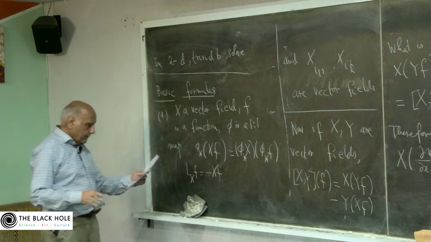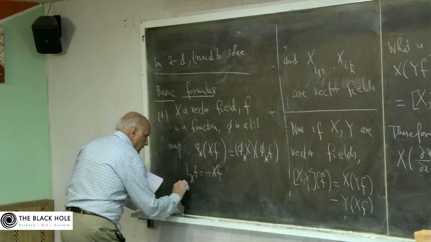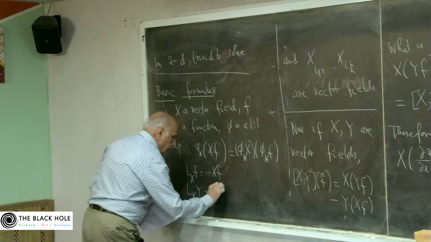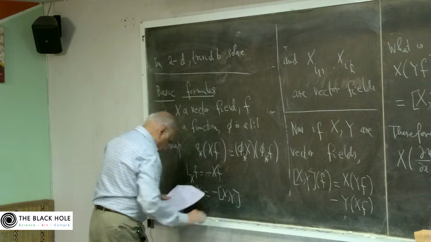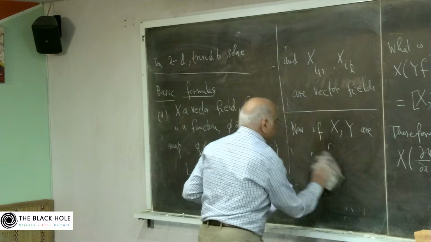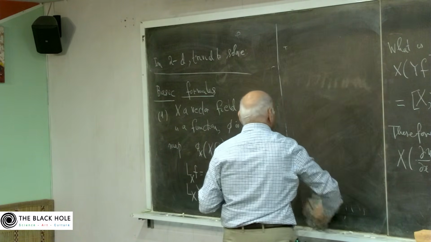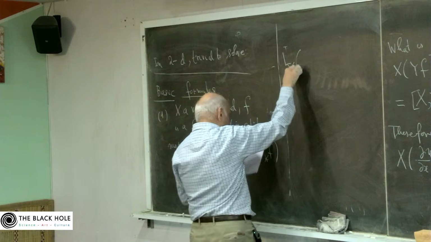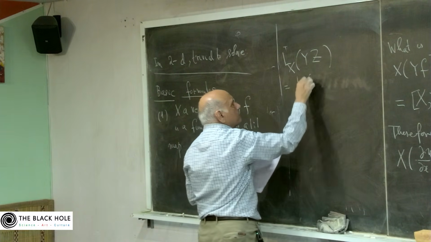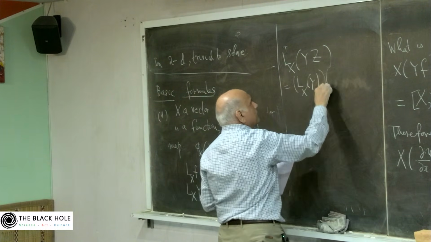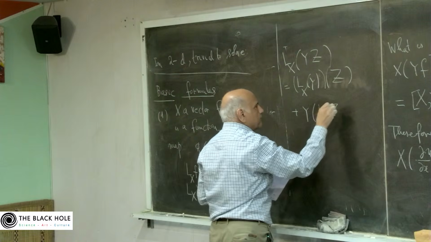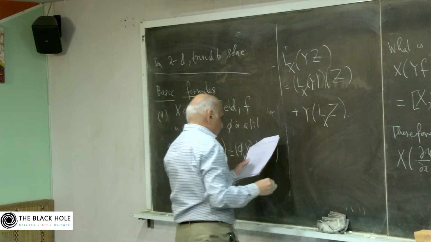And then L_X of Y is equal to minus X bracket Y, and L_X of YZ would be L_X of Y times Z plus Y times L_X of Z.